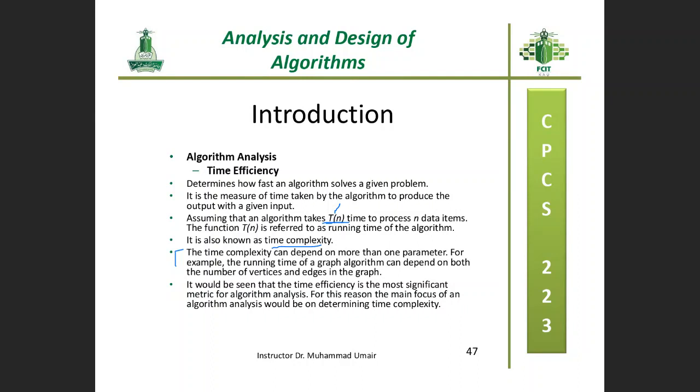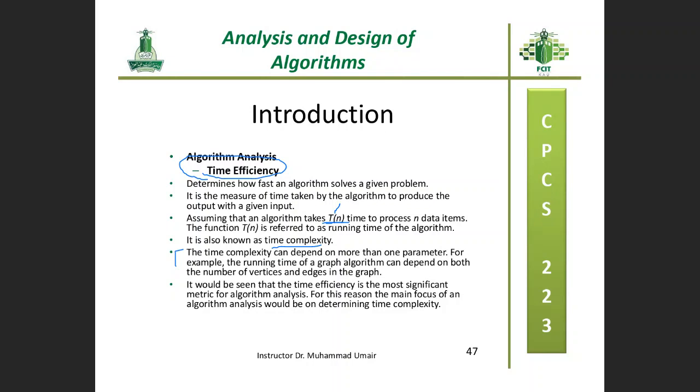Is it clear? And as I mentioned on the previous slide, space efficiency is not important nowadays. So analysis of an algorithm will, 99.9% of the time, depend on its time complexity, how much time it is taking.